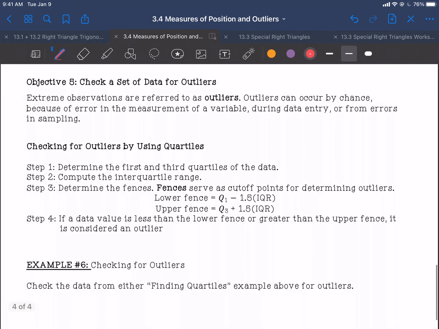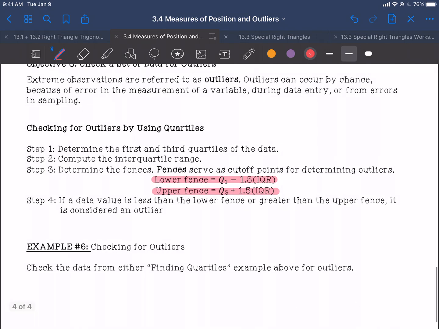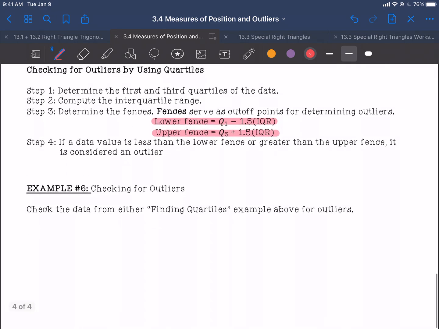So to check for outliers, we have to find our lower fence and our upper fence. Those are cutoff points. To find the lower fence, we take the first quartile and subtract 1.5 times the interquartile range. And to find the upper fence, we add 1.5 times the interquartile range to the third quartile.